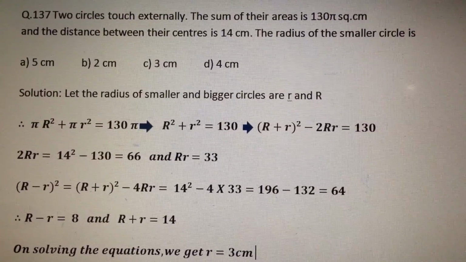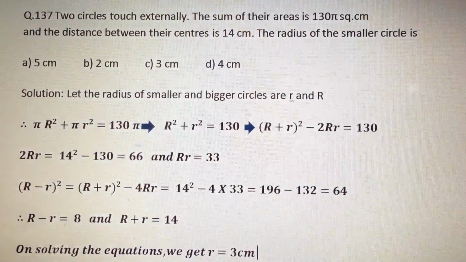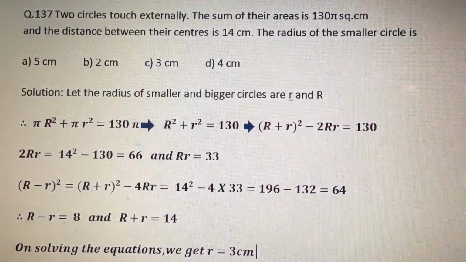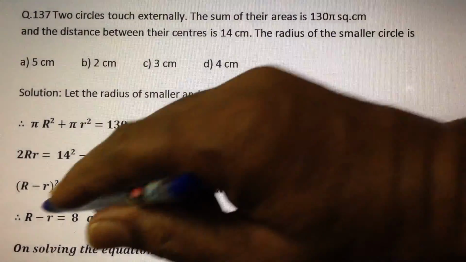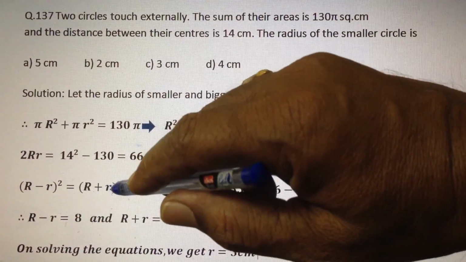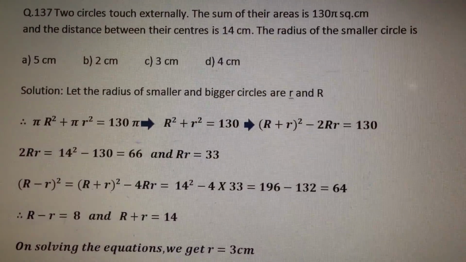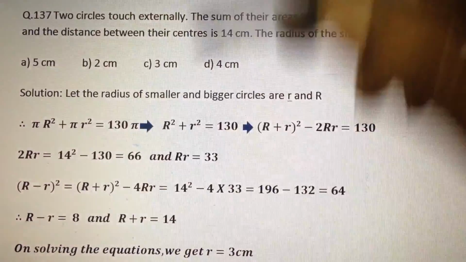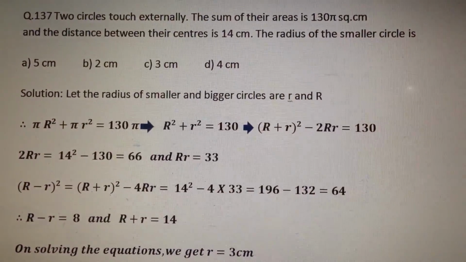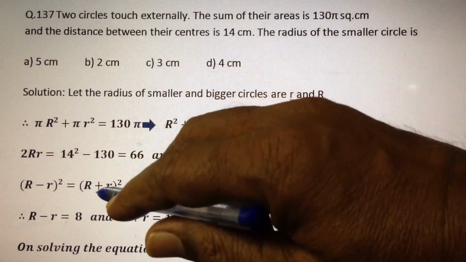Now again we have to use the formula of a minus b whole square here to find out a minus b. So R minus r whole square is equal to R plus r whole square minus 4rR, because we know the values of r plus R and rR. R plus r is 14.